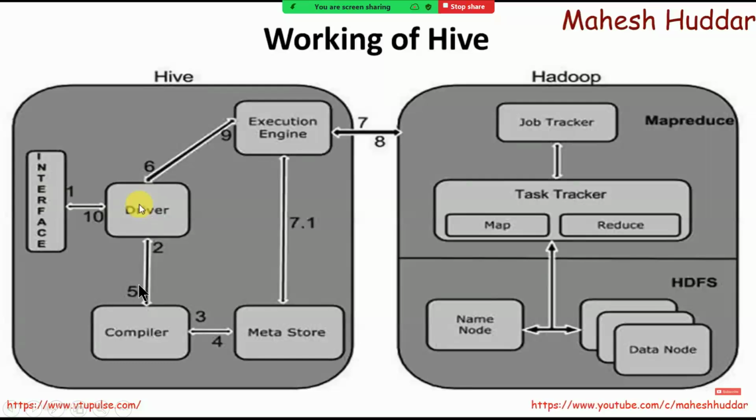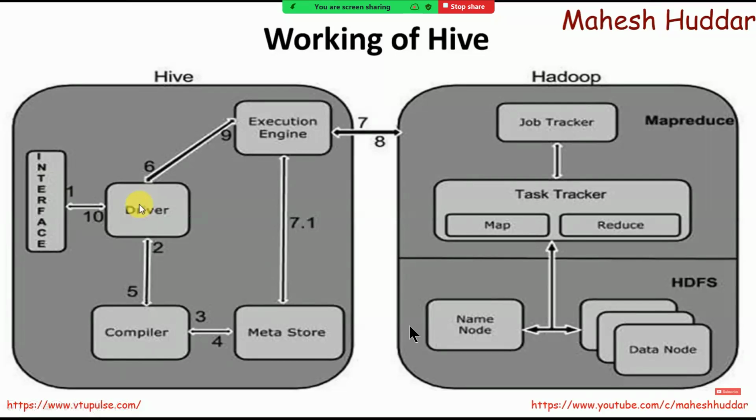After the driver, it will go to the compiler. First, the driver interacts with this interface and gets the information, and gives it to the compiler. The compiler converts that information and gives it to the metastore to see whether that schema or table exists.